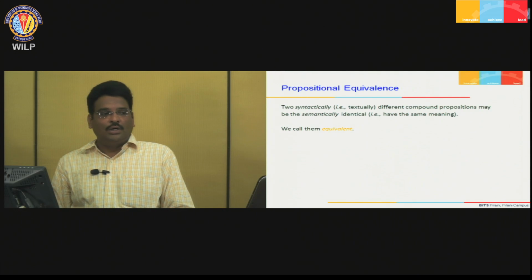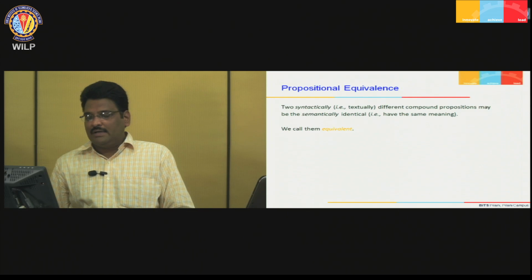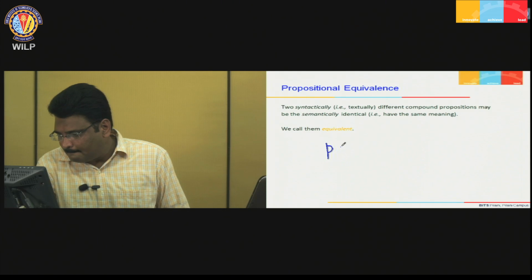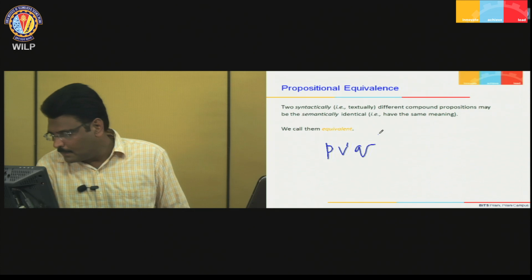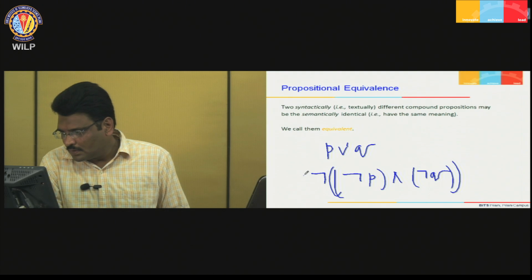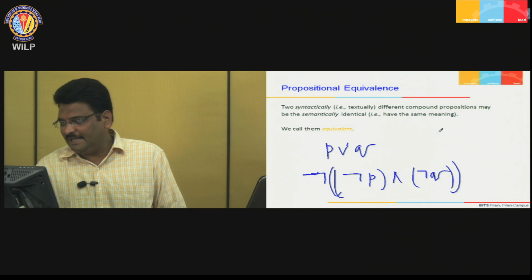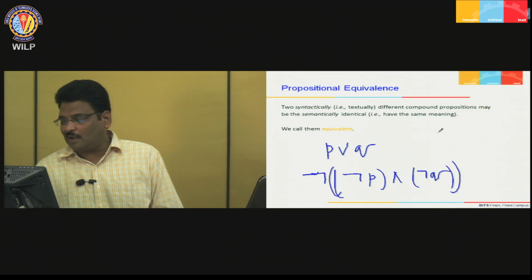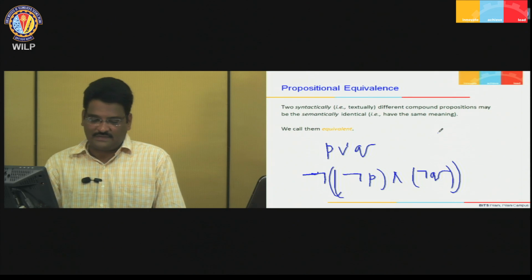If you have got two different compound propositions, say P or Q is one compound proposition, and another compound proposition that we have got here is not of, not P and not Q. These are two propositions.